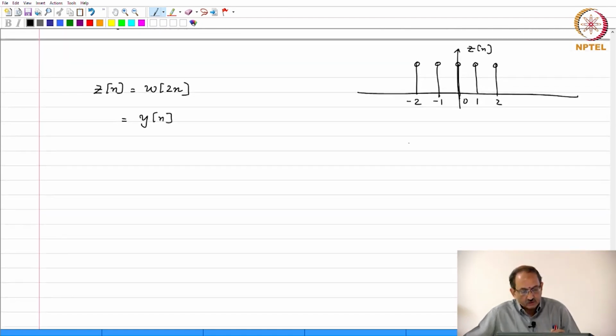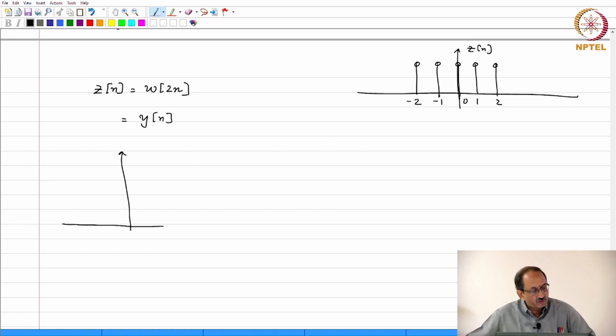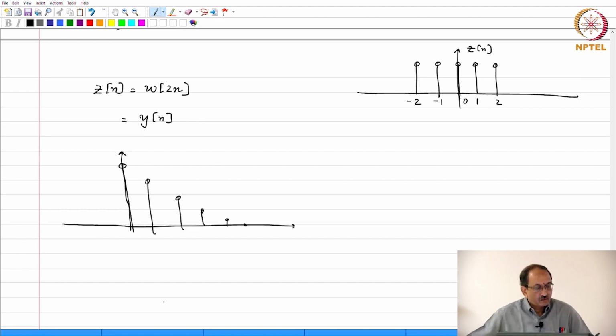And the reason why this appears similar to the continuous time compression is, suppose you had a waveform like this, and then if you picked up all the even indices, right?